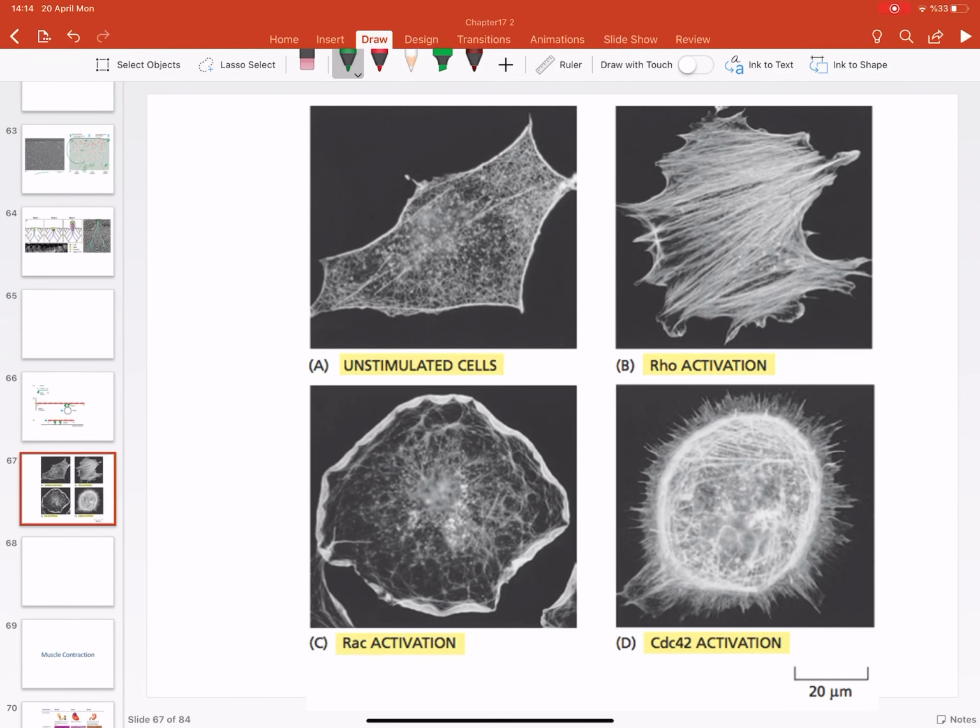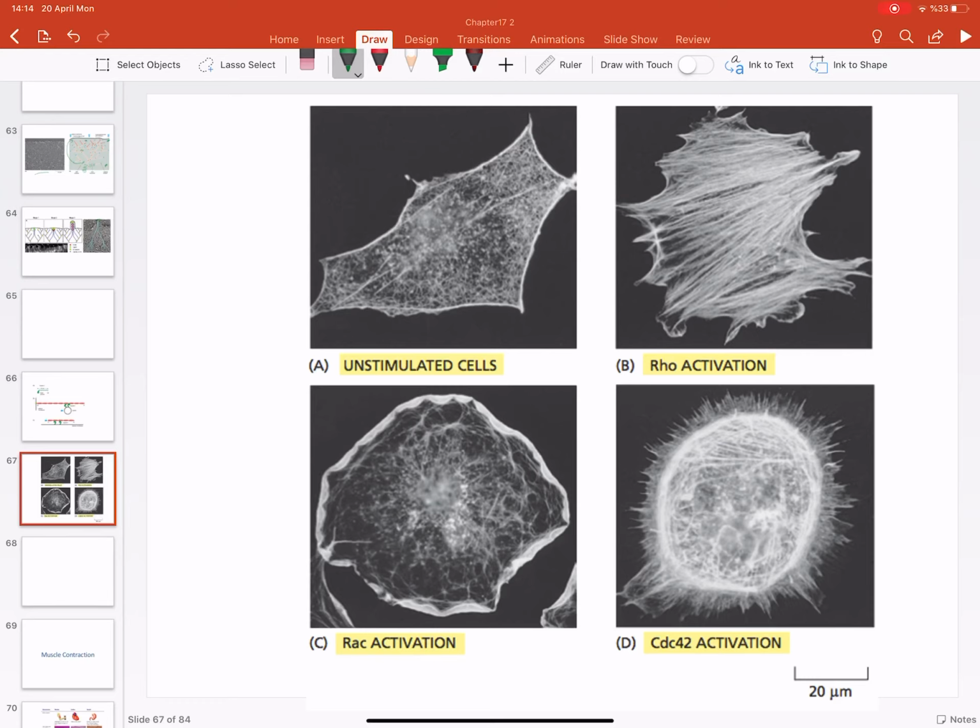Okay, these different structures are controlled by monomeric GTPases. Now you know what a monomeric GTPase is. We have seen them in chapter 16. How do you say? Molecular switches. Oops, sorry.